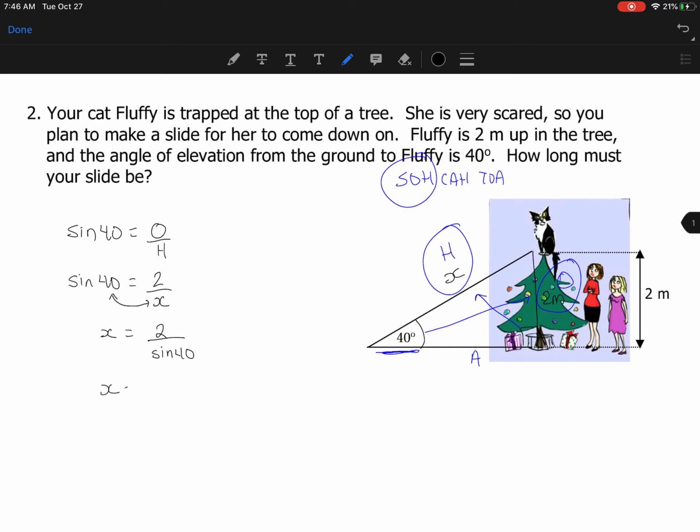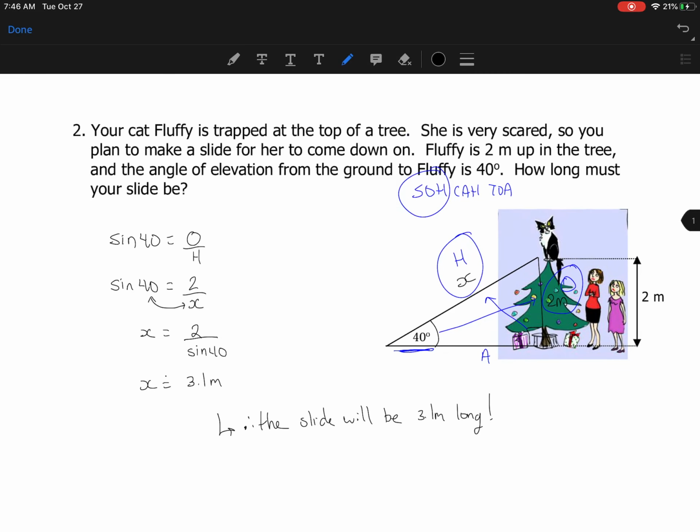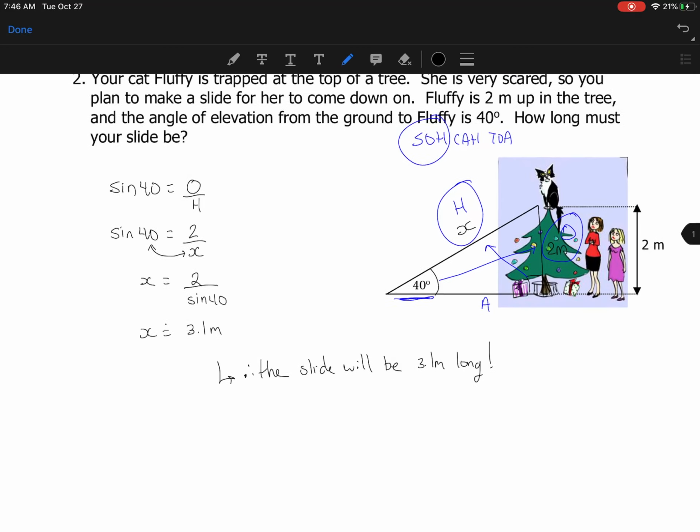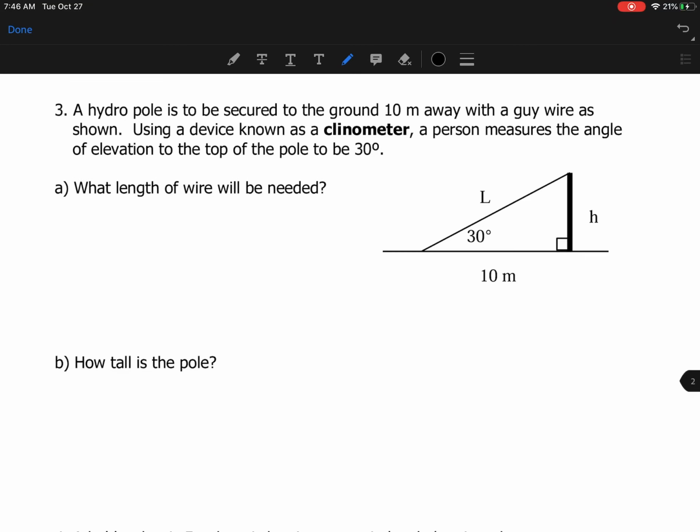When we get that, 2 divided by sine of 40, we're getting x is going to be approximately 3.1 meters. All right, so therefore, the slide will be 3.1 meters long. All right, there's 2 questions where we've solved for side lengths. Again, we're just taking information out of the question and solving using our trig ratios.